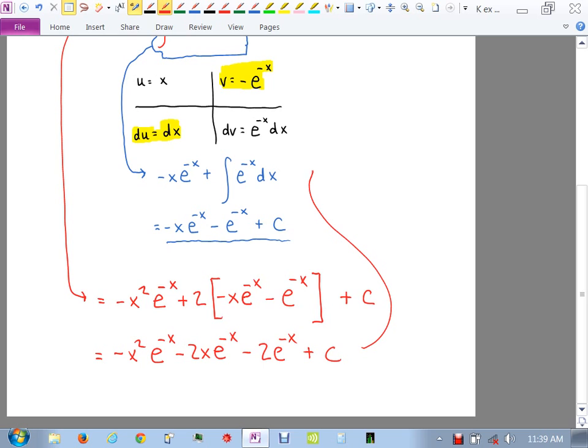Most of the time, a book will factor out the e to the negative x and be left with negative x squared minus 2x minus 2 plus c. They may even factor out the negative and make it negative e to the negative x times x squared plus 2x plus 2. Okay? So that is your first example of integration by parts applied twice to a problem.